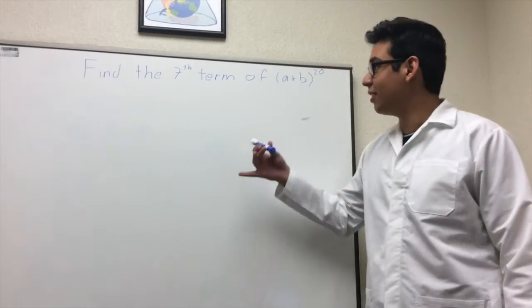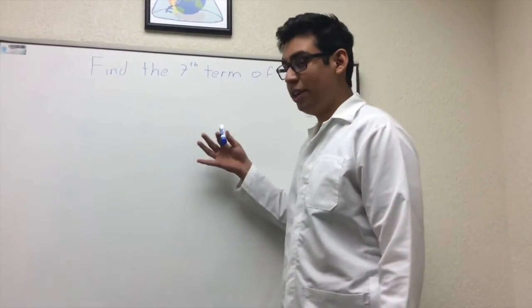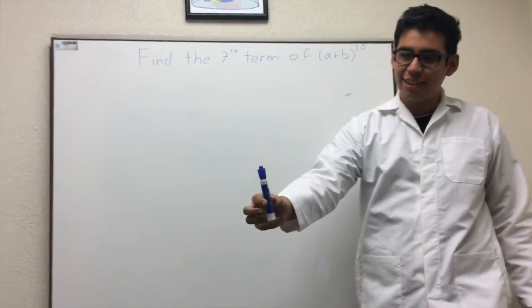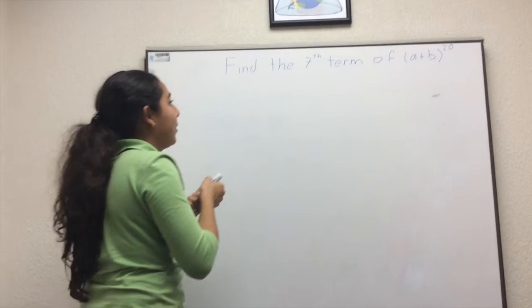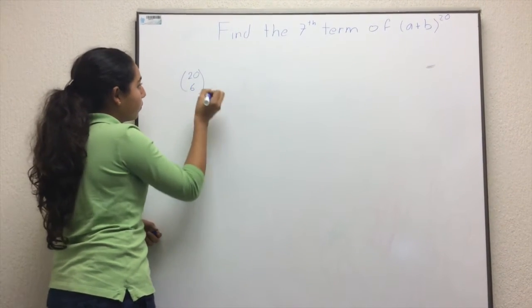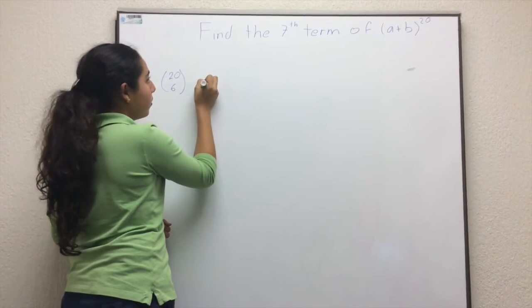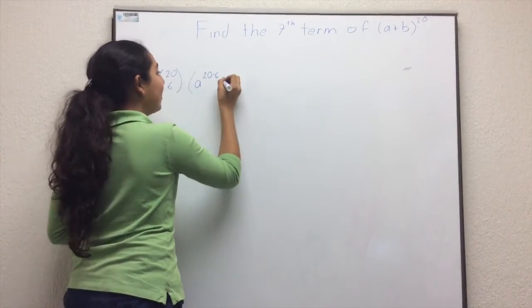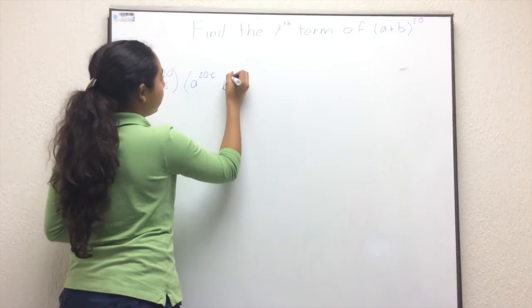So after solving the last situation, now you can solve this. Come on, try it. Okay. Then it will be combinatory 20 from. Then it will be a to the 6. Oh my god. Times b to the 6.